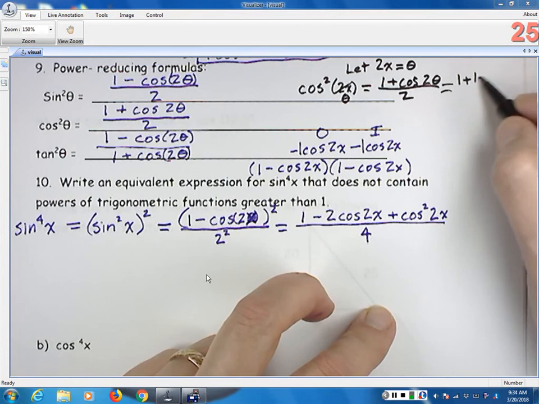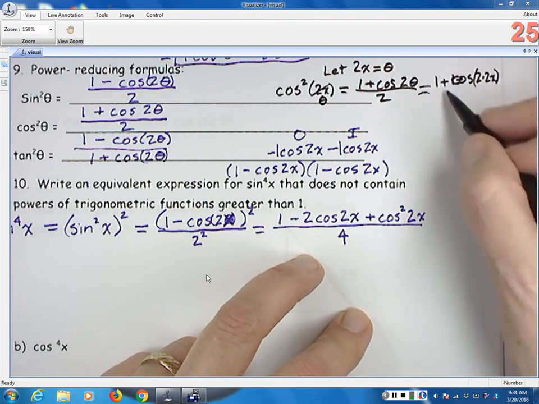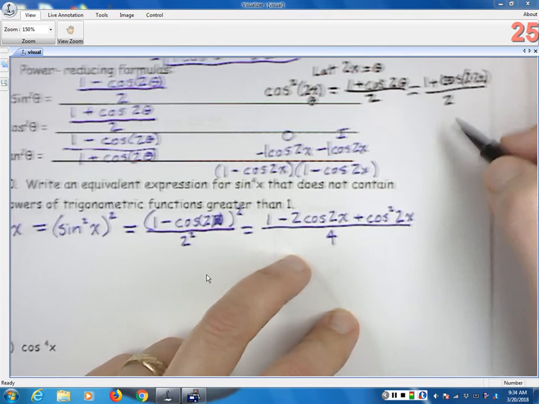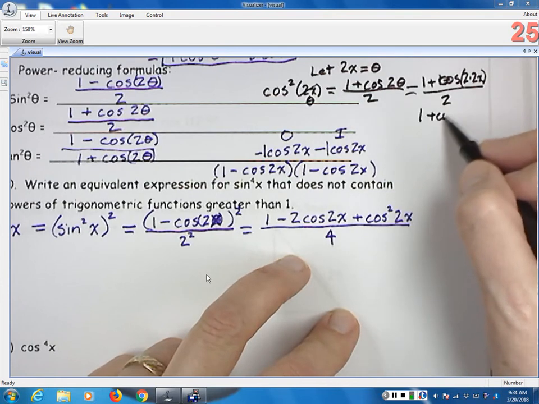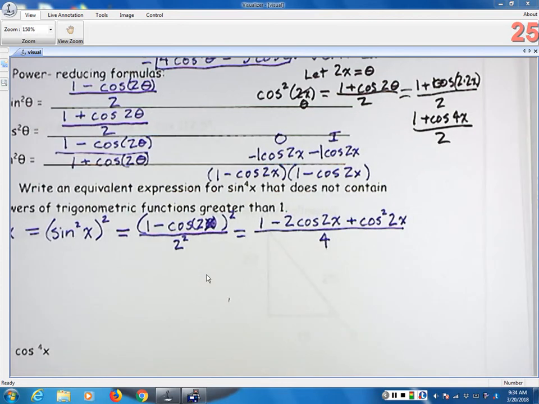So we substitute 2x for theta: 1 plus cosine 2 times 2x over 2 is 1 plus cosine 4x over 2. Sorry about that. So, clear as mud, right?